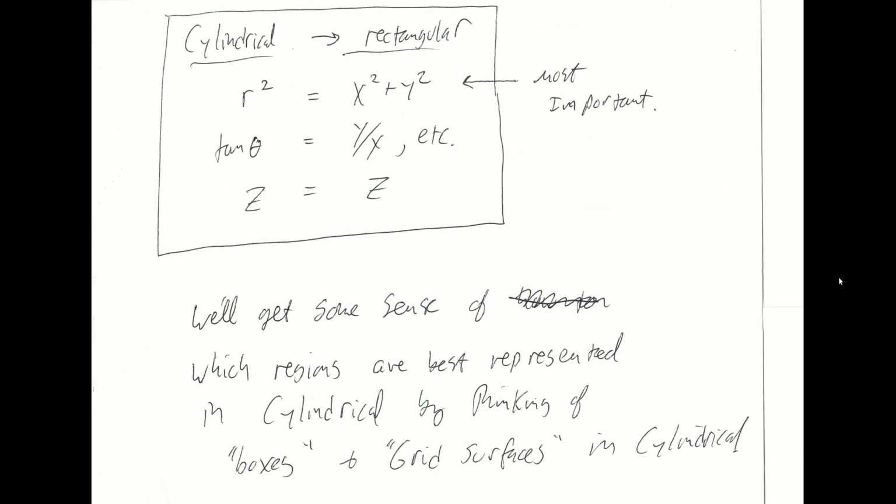So the next thing that we're going to do at the beginning of next lecture is, again, the purpose, the utility in having multiple coordinate systems is that some integrals will be easier in one coordinate system than they were in another. So we had the rectangular coordinate system. There will be certain types of regions that will be difficult to represent in rectangular coordinates. These types of regions might be particularly easy to represent in cylindrical coordinates.